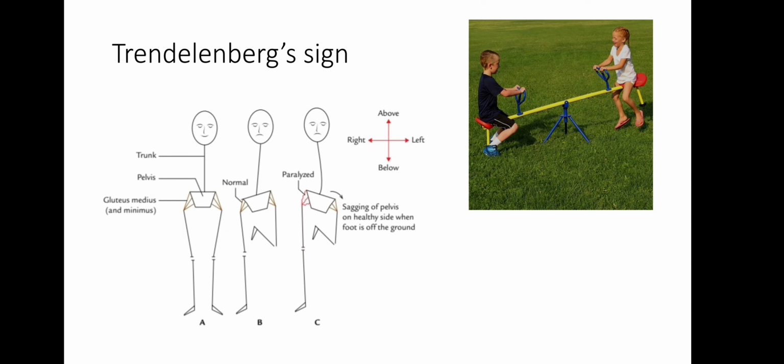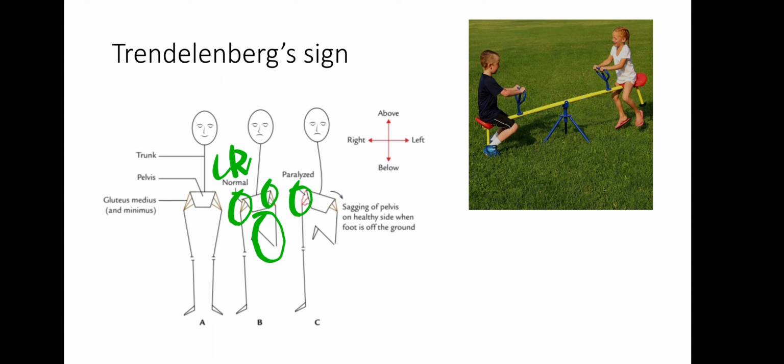Likewise, it is just like the seesaw. When a person walks and the left leg is lifted off the ground, it is the gluteus medius and minimus of the right side that decide whether this side should drop down or stay in the air.